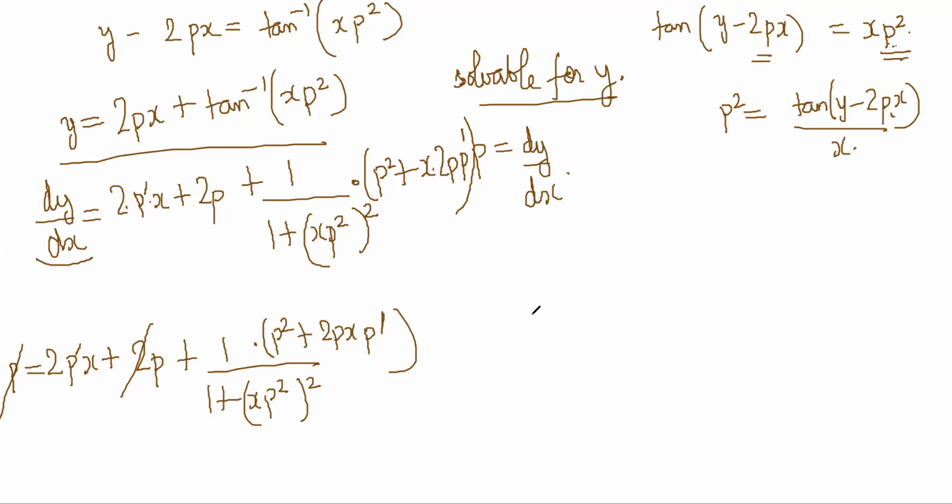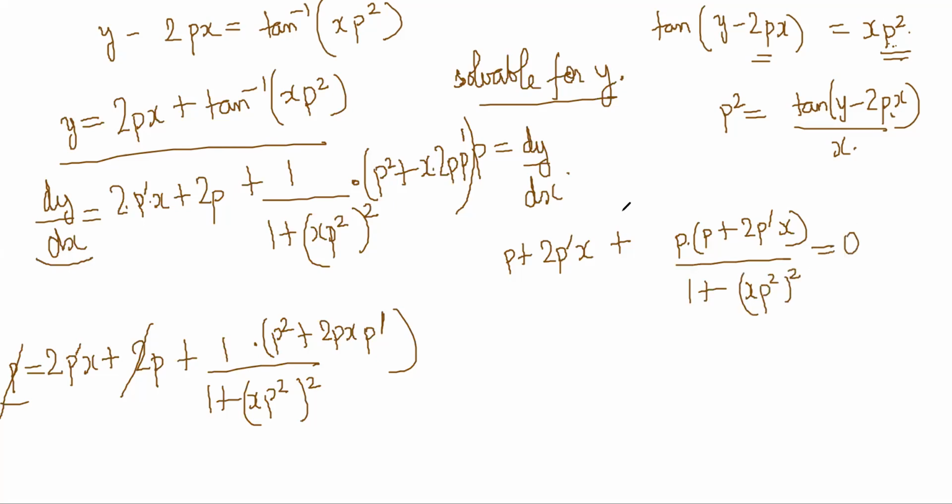So this p and 2p, this got cancelled, no? P and 2p, okay, fine. So right now we are getting p plus 2p dash x plus, on top, p plus 2p dash, okay, p common, p plus 2p dash x by 1 plus xp square whole square.